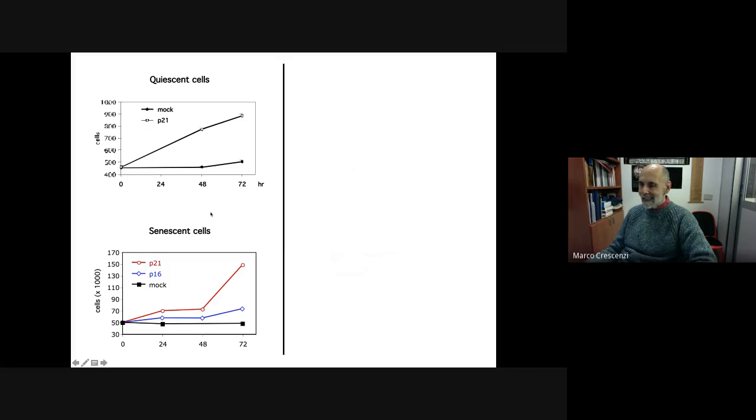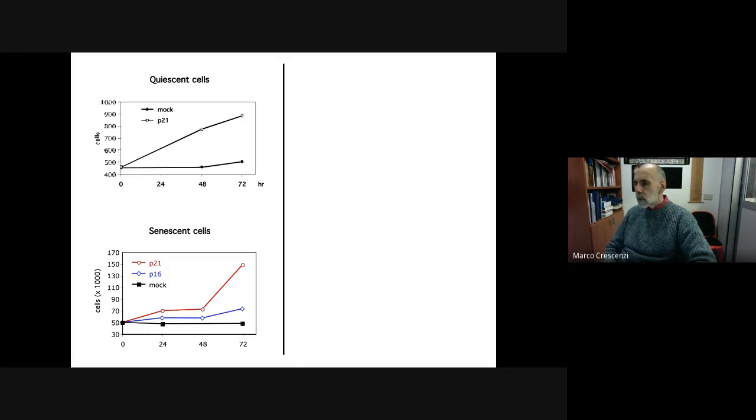And even if we took senescent cells, they tripled in 3 days by removal of P21. They increased somewhat by removing another inhibitor, P16. And there was no proliferation whatsoever, of course, in the controls. So these cells effectively proliferated. And by studying them, we learned and we know that they do not suffer any damage.